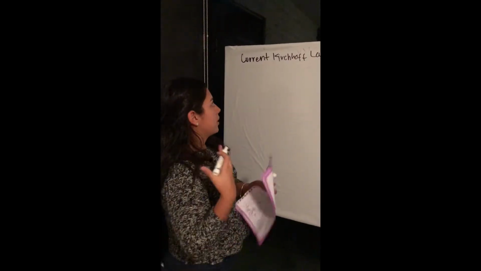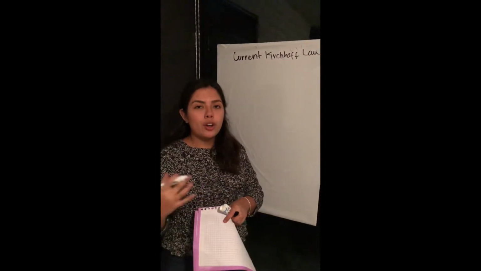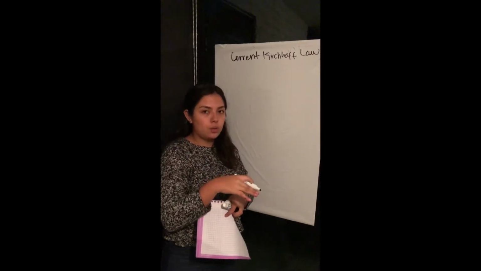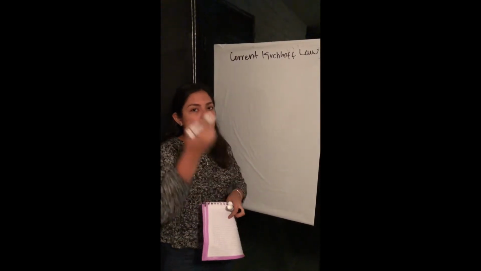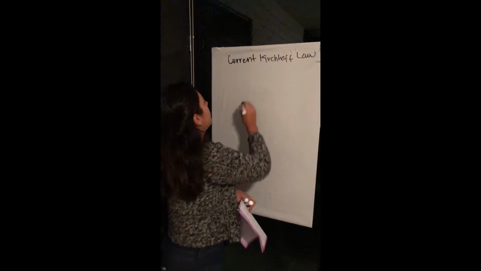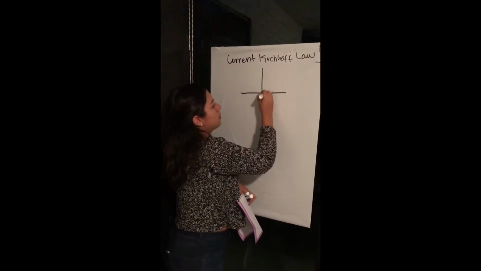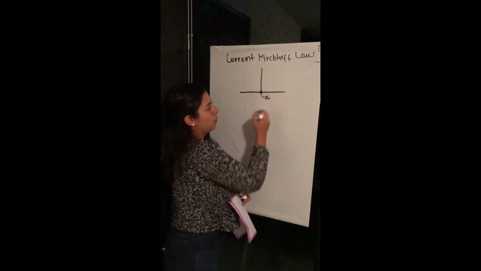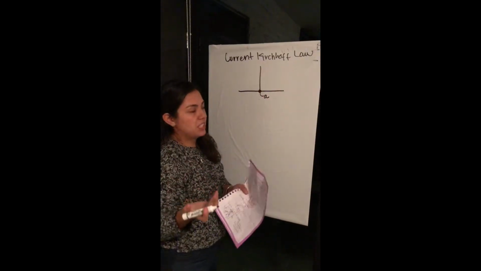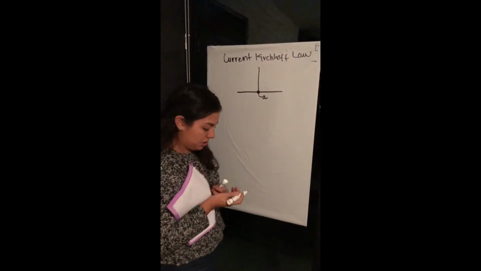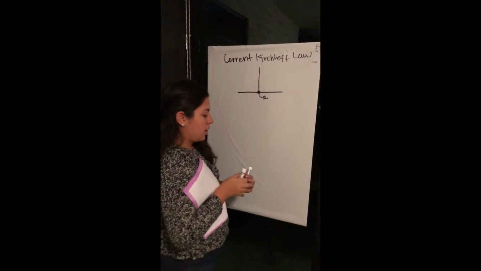This law establishes that all the currents that enter the node must be equal to the ones exiting the node. In order for you to understand me, this would be what we call a node, for instance node A, because it's easier this way.